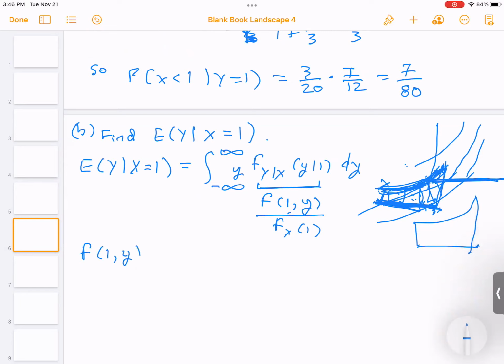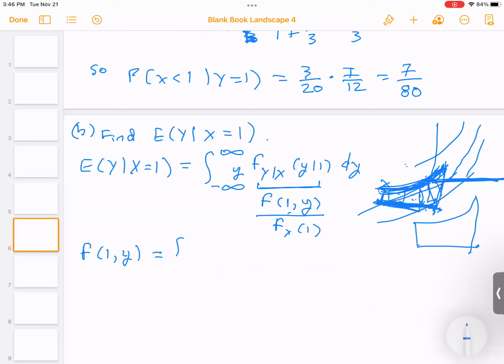Y. This is equal to C or K or something. C? Yeah.